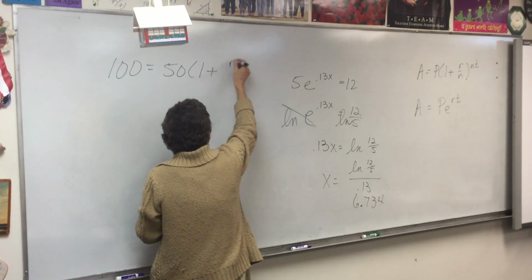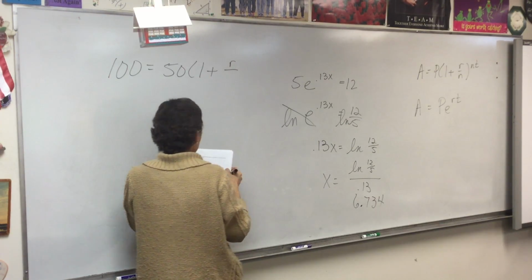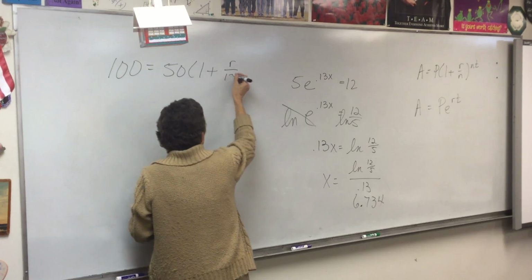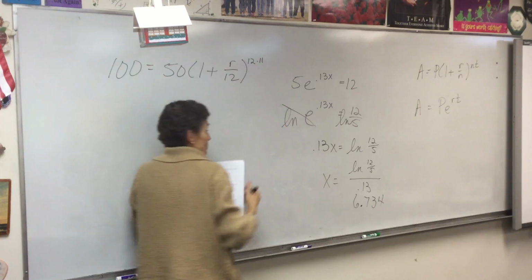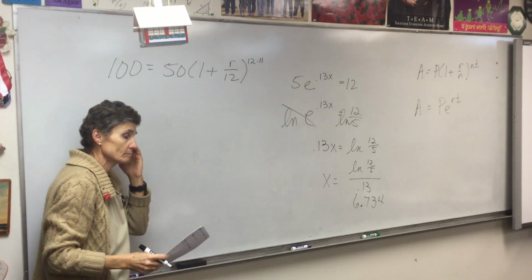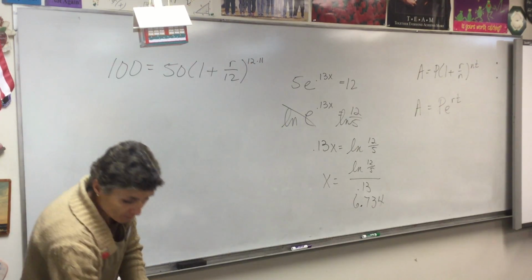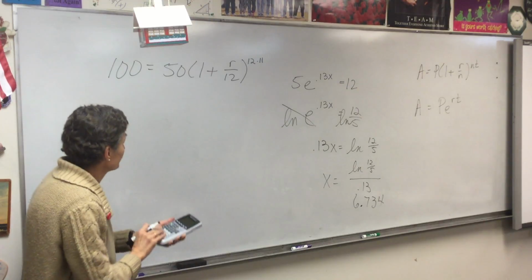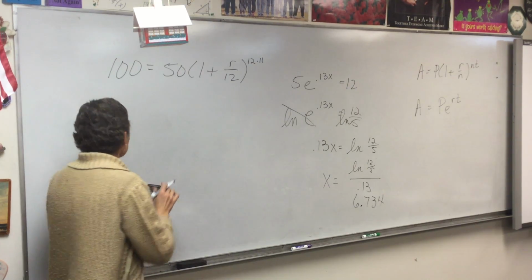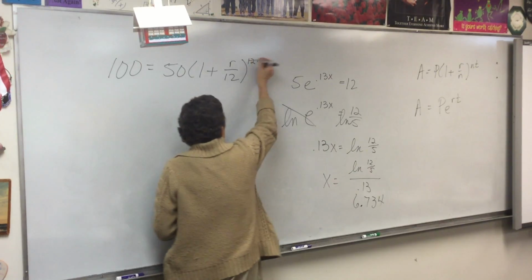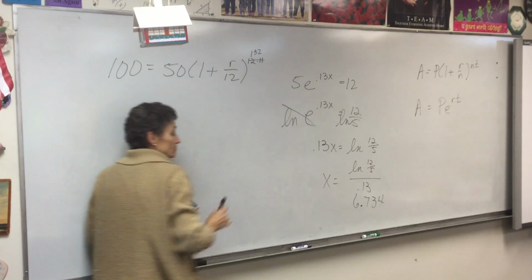I do not know my interest rate, but I know it's compounded monthly for 11 years. So the first thing I'm going to do is multiply 12 times 11. So this is 132.